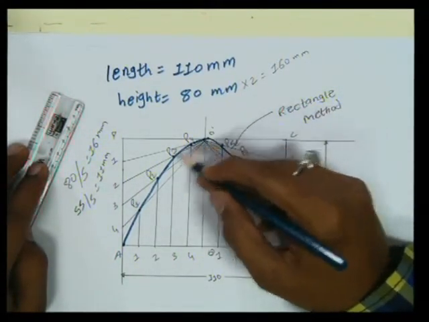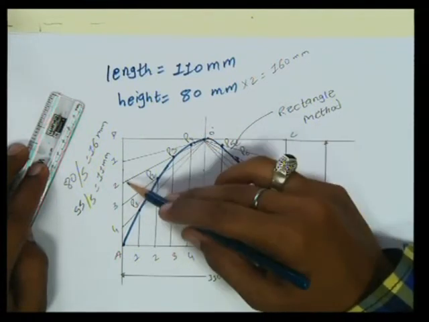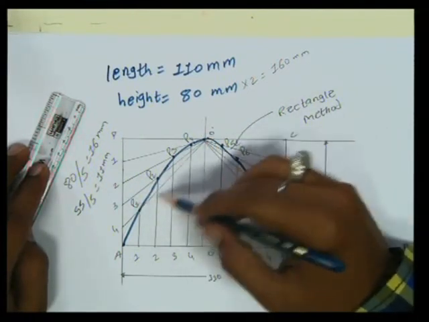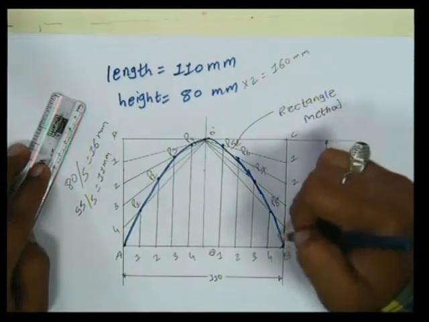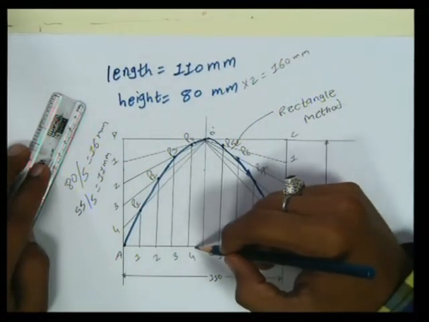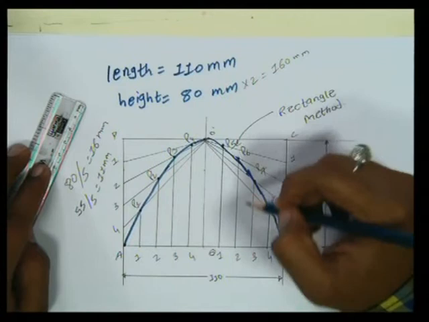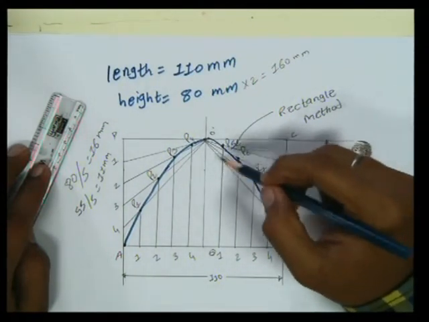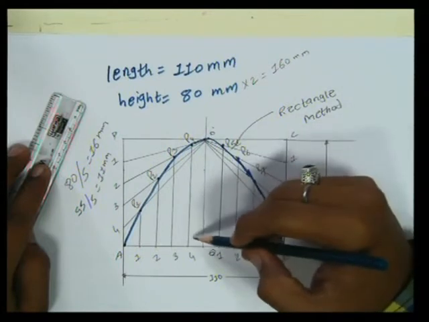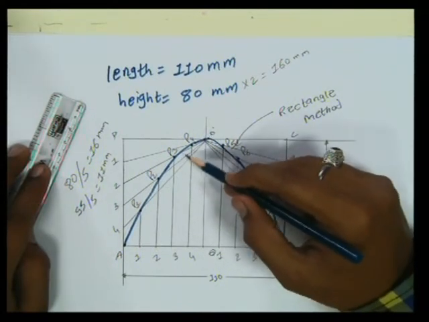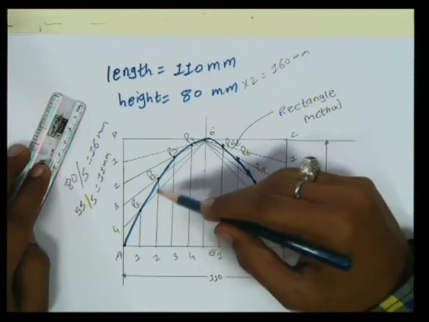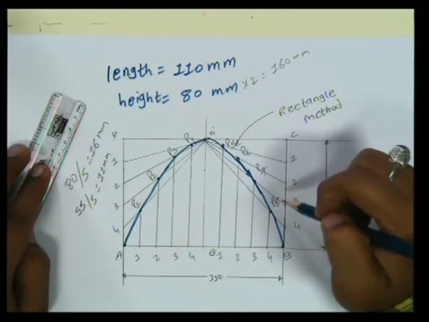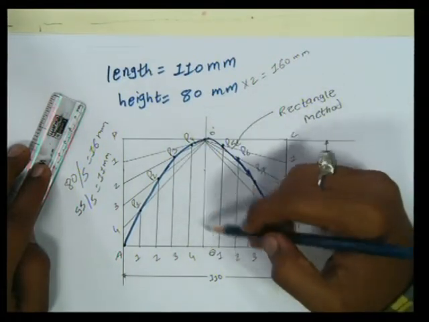Join O dash to 1, O dash to 2, O dash to 3 and O dash to 4 on both sides. Now from point 1 to 1, 2 to 2, 3 to 3 and 4 to 4, we have extended the line vertically. Now we have marked the points P1, P2, P3, P4, P5, P6 and P8, joining them with a smooth curve.